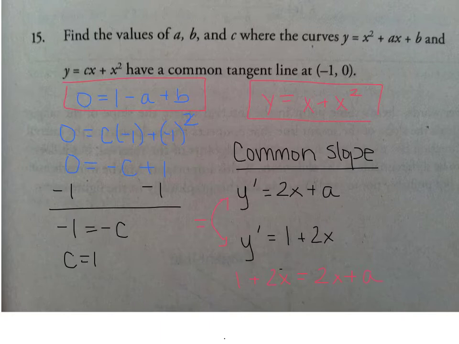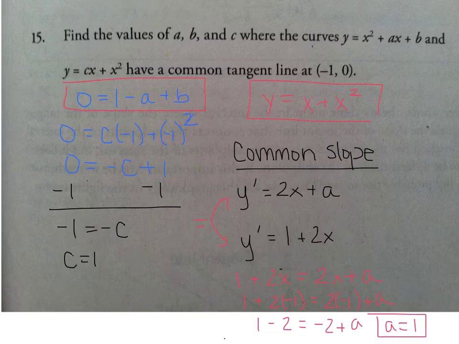In this case, the 2x's actually cancel, but not all problems work that way, so to give you a technique you can always use, you're now going to plug in your x values. So we have 1 plus 2 times negative 1 equals 2 times negative 1 plus a. So you end up with 1 minus 2 equals negative 2 plus a. In this case, a will be 1.